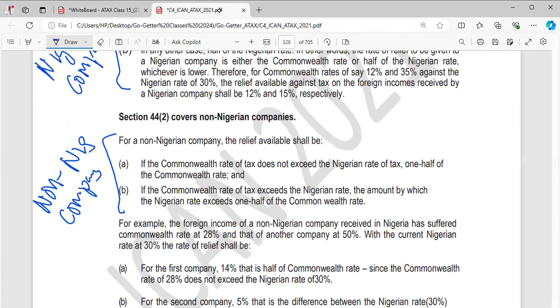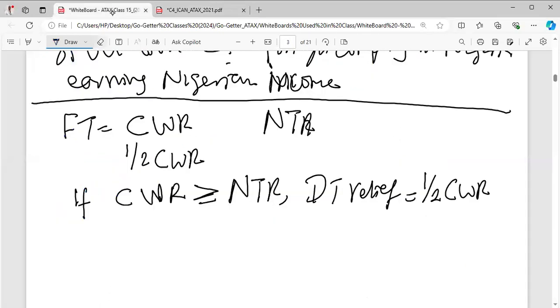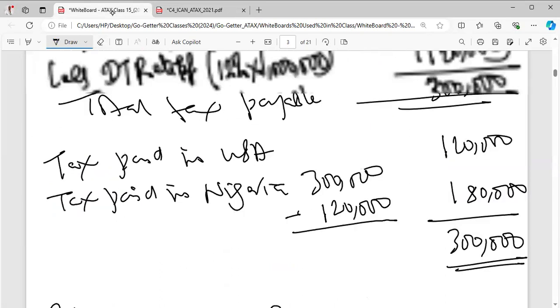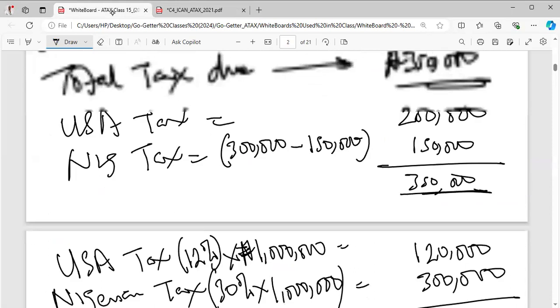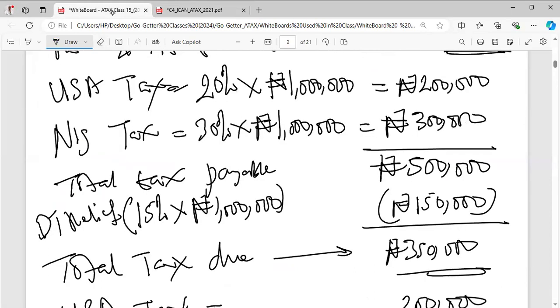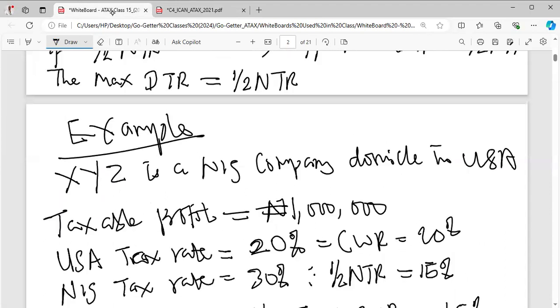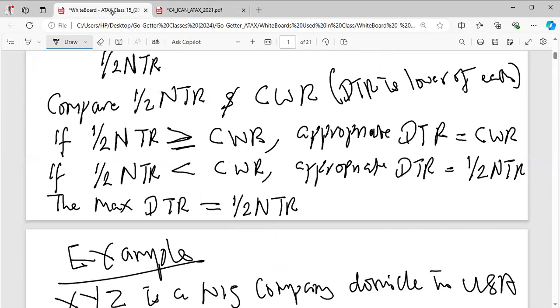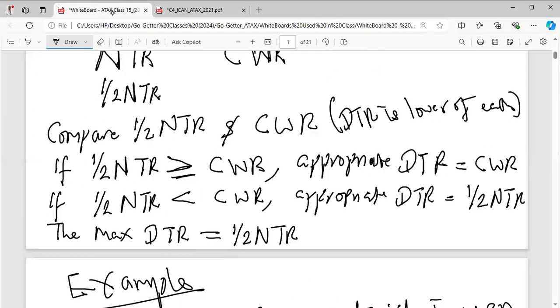Now, sorry, I flipped it. In the case of this here, we use less than or equal to. Let me be consistent. We said Nigerian tax was written first. So let's put the Nigerian tax first and use that to compare.